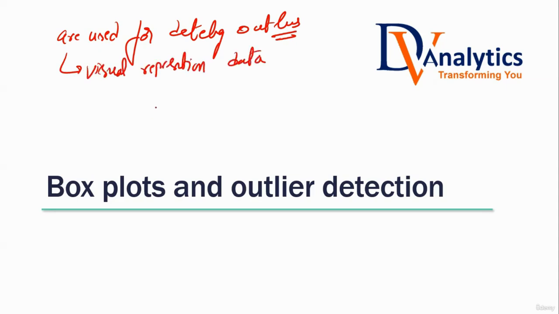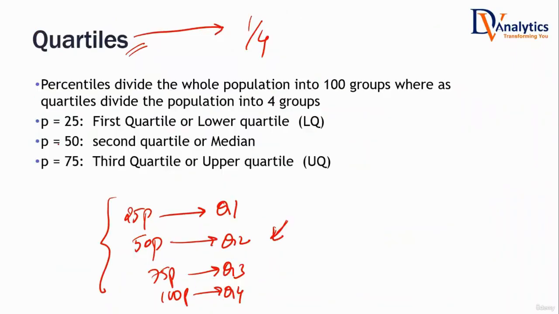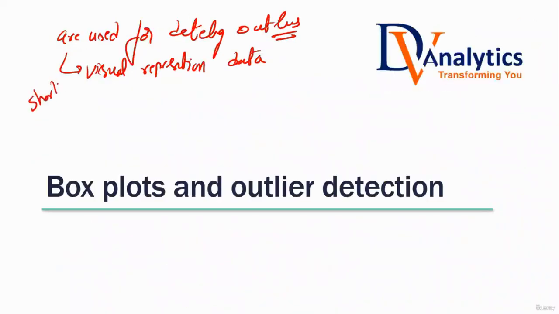By looking at that visual representation, you will be able to quickly detect whether there are any outliers or not. Already we have detected outliers. This is the shortcut method. In a shortcut way, if you want to detect outliers, you can use box plots.